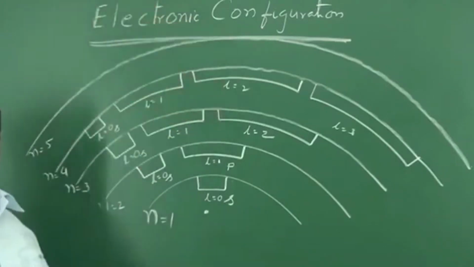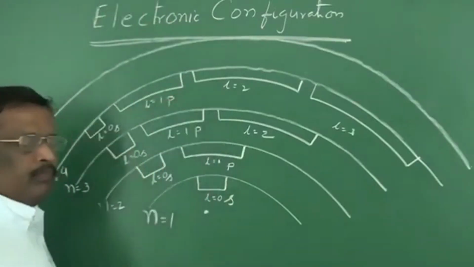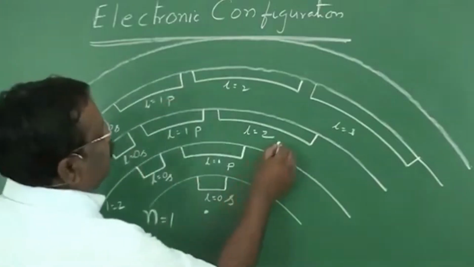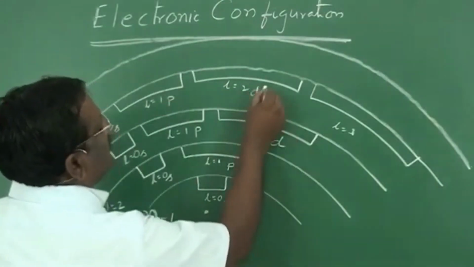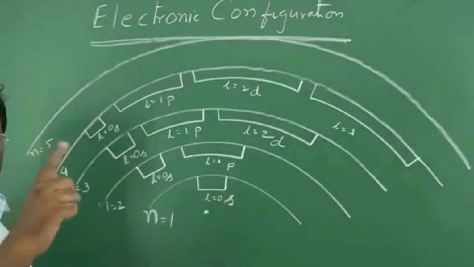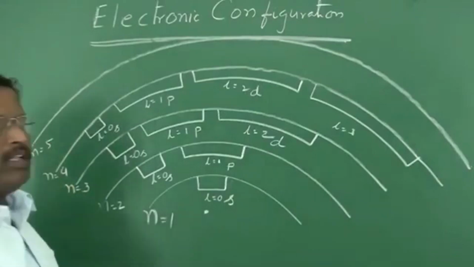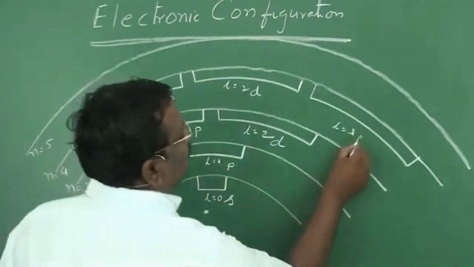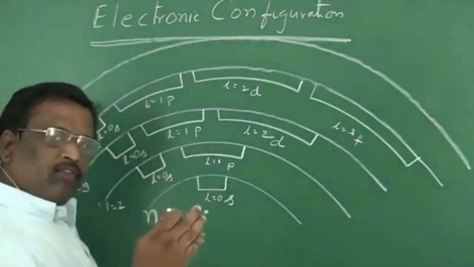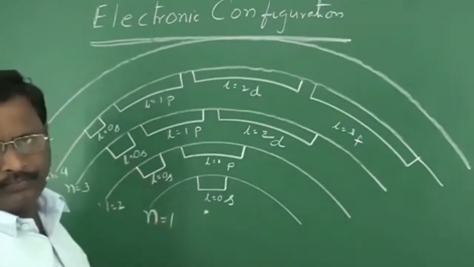If l is equal to 2, it is called d: 3d, 4d, 5d, 6d, 7d, and so on. Similarly, if l is equal to 3, it is called f: 4f, 5f, 6f, and so on.